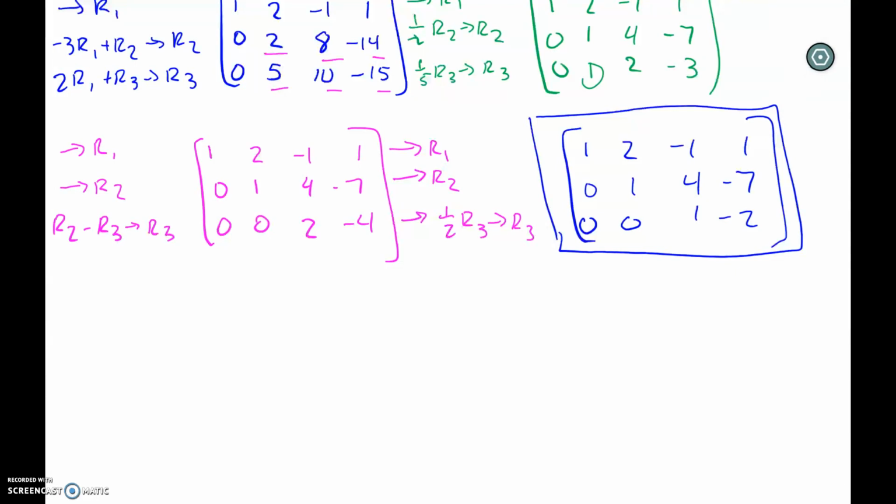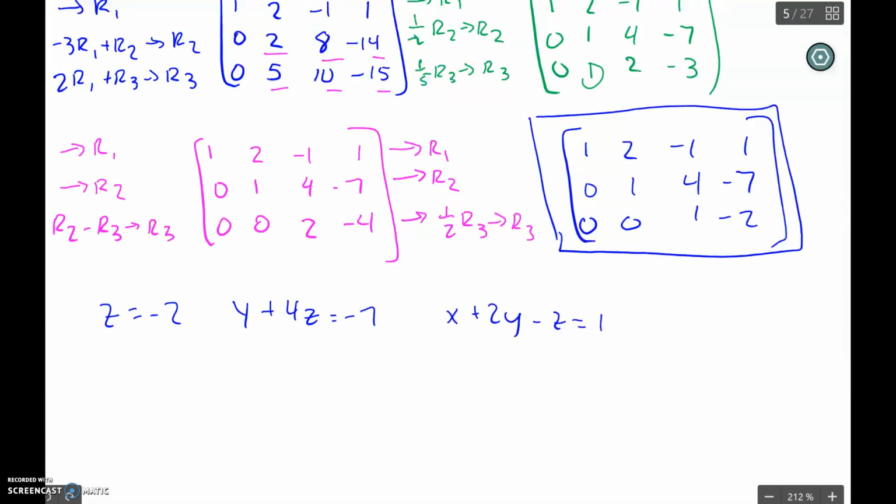So now we can solve the matrix, right? So we have z equals -2, y plus 4z equals -7, x plus 2y minus z equals 1. So y minus 8 equals -7, y equals 1.